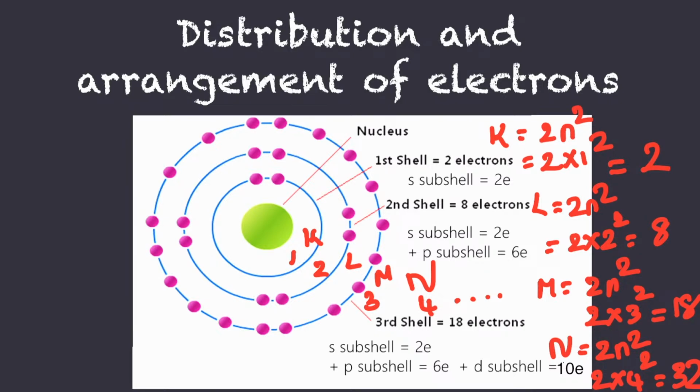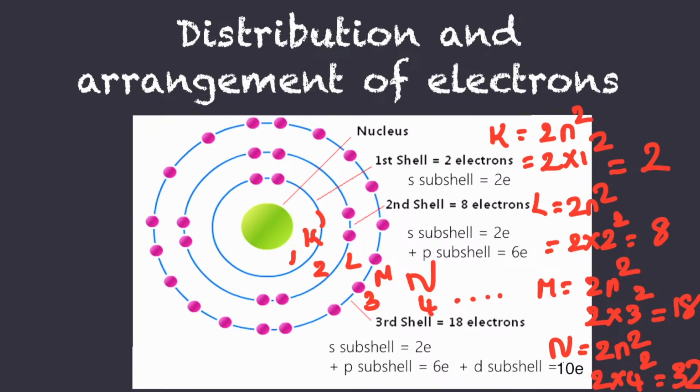The first rule to arrange the electrons was to arrange them from the lower energy shell going forward to the upper energy shell. The second rule was to follow 2n squared, where n represented the number of the shell. So the K shell could have only 2 electrons, the L shell only 8 electrons, the M shell only 18 electrons, and the N shell, the outermost shell, only 32 electrons.